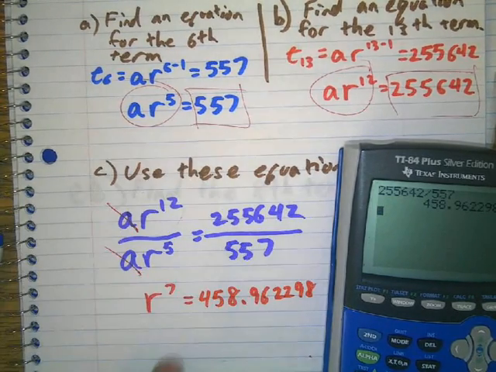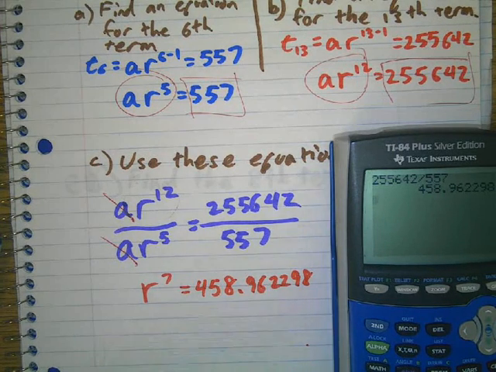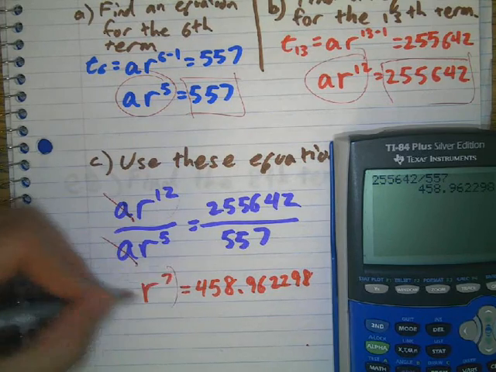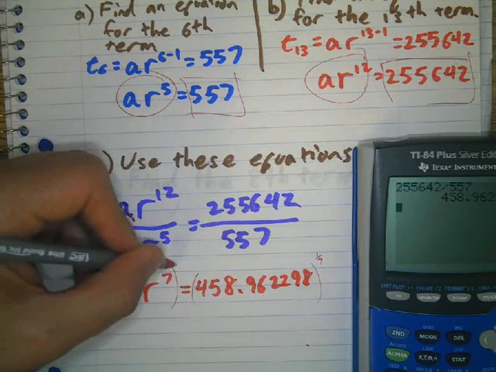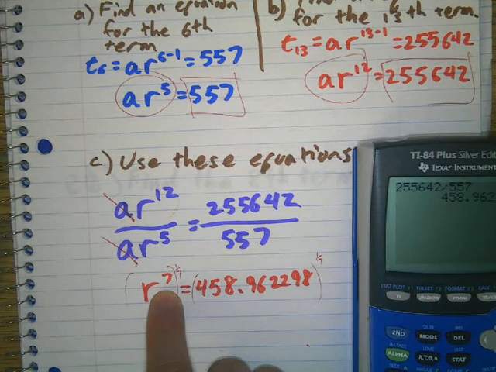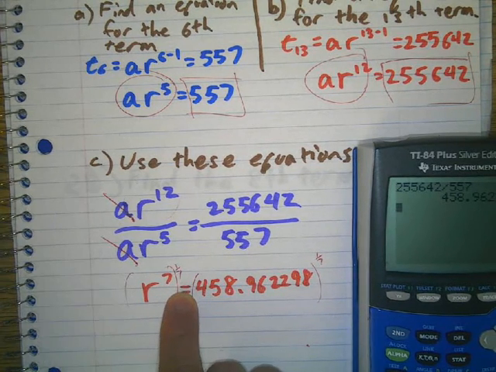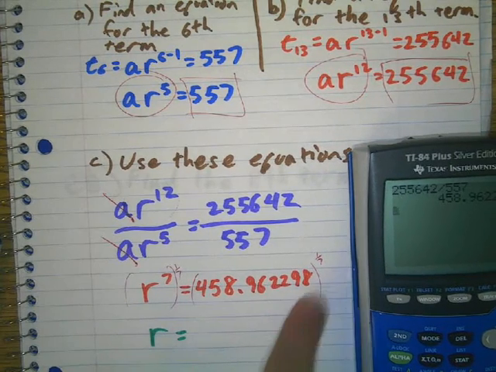Now, if I've got r to this power equals this, then in order to solve for r, we can raise both sides to the 1/7 power. Because if I do it to the 1/7 power, then this power to this power, we multiply that. And 7 times 1/7 is going to give me just simply r. So now I've got r equals this to the 1/7 power.